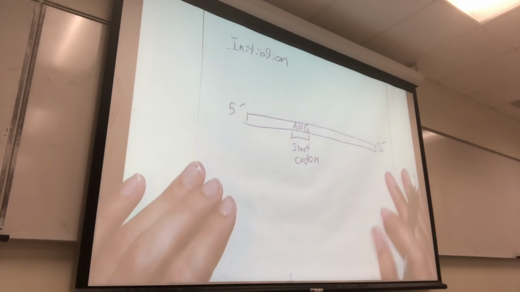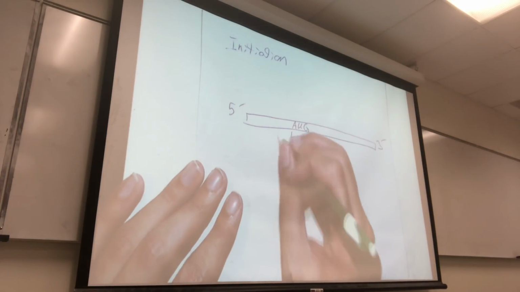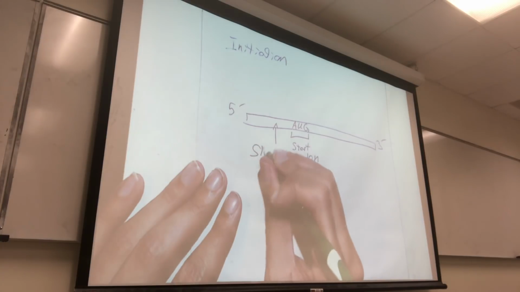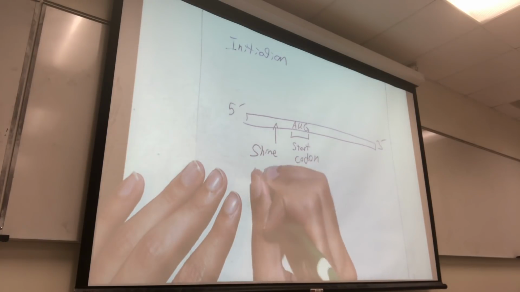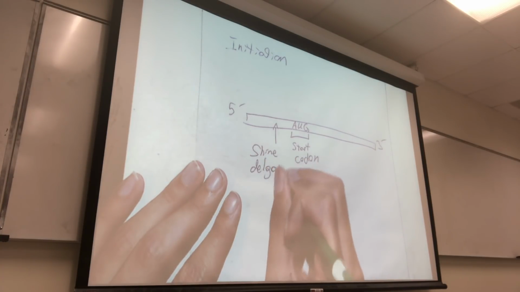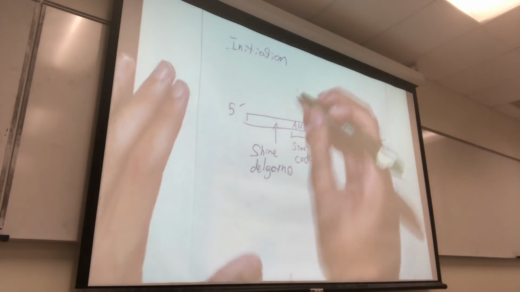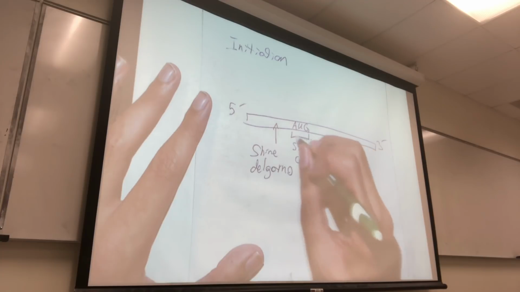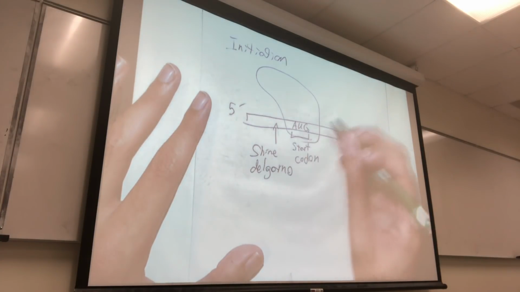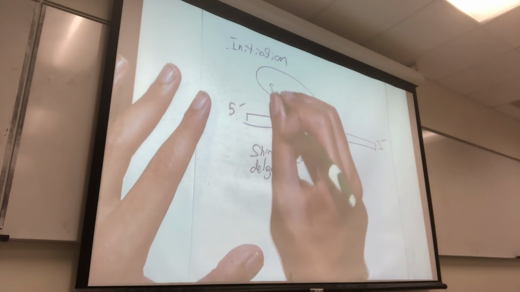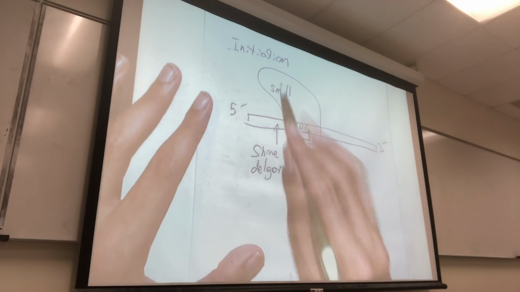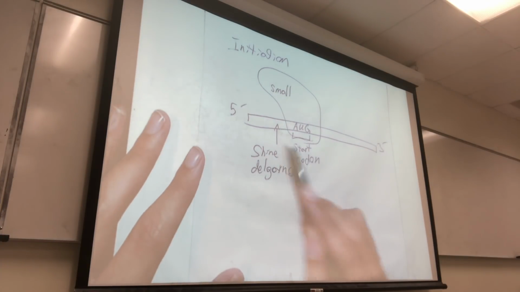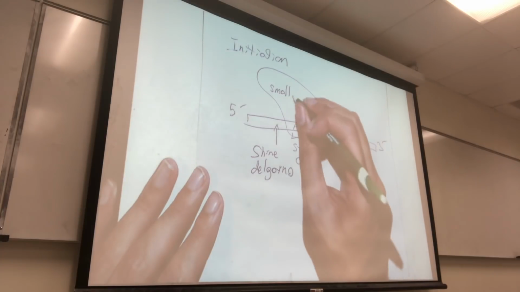And ahead of the start codon, we have the Shine-Dalgarno sequence, which the small ribosomal subunit initially used as a signal to bind to the mRNA.